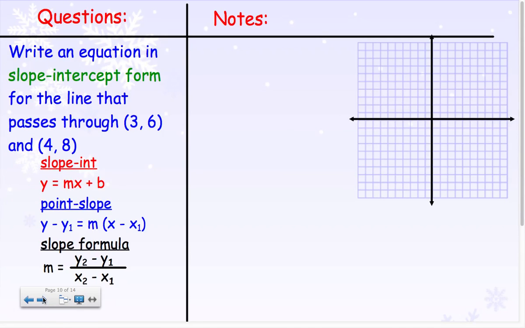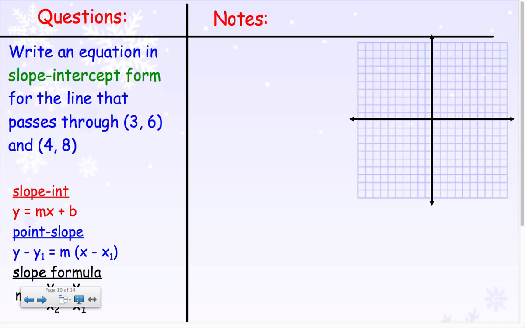Now we're going to get into the new material, which is writing an equation in slope-intercept form for the line that passes through (3, 6) and (4, 8). I've got all these equations in the bottom right corner for us because we're going to be using all of them. If I need to write an equation in slope-intercept form, I need a slope and an intercept.